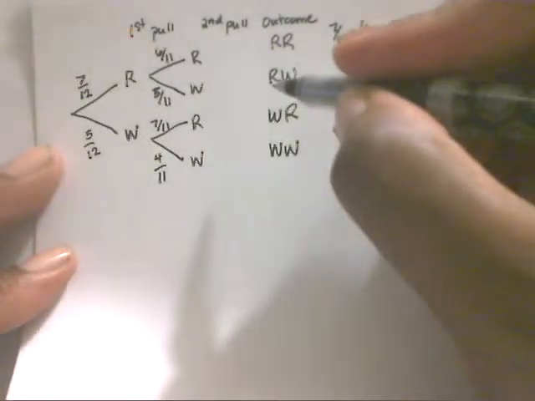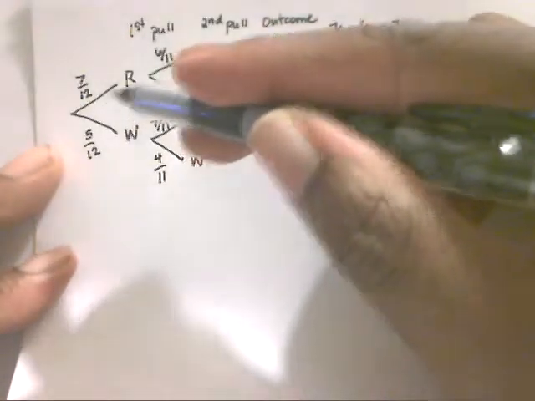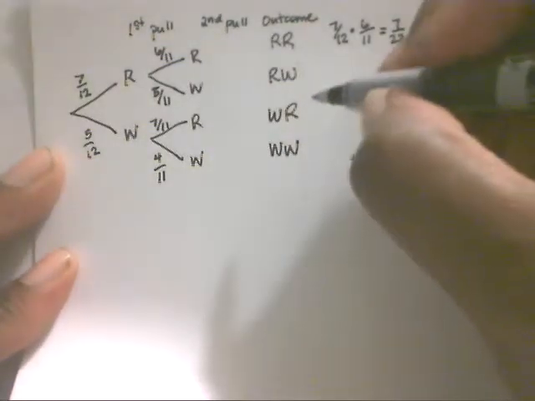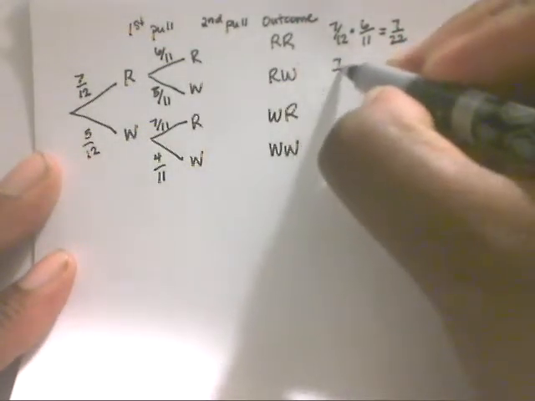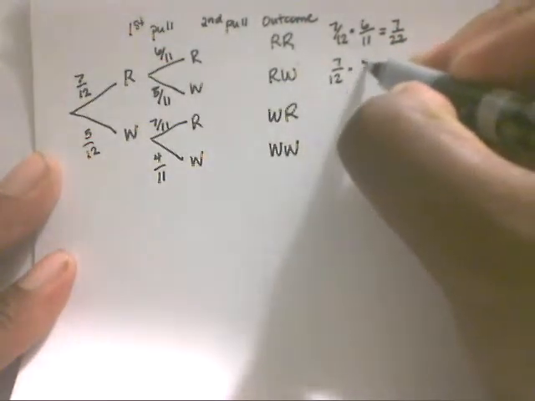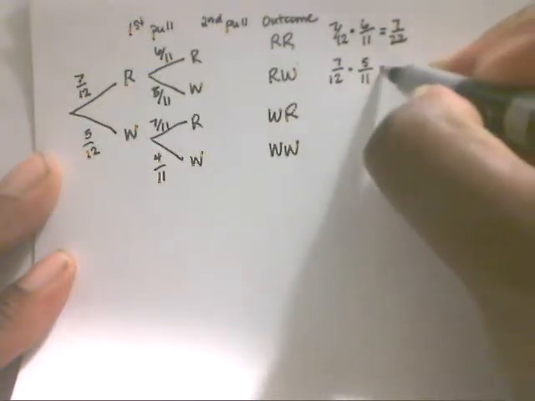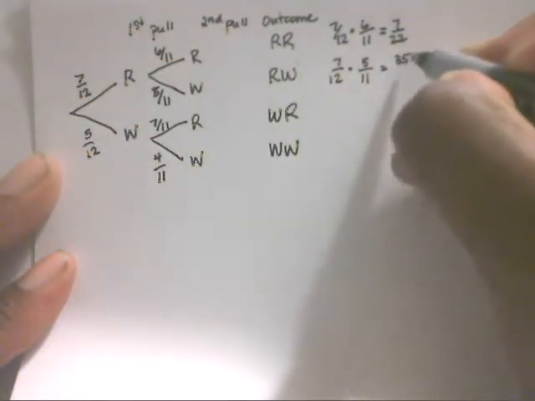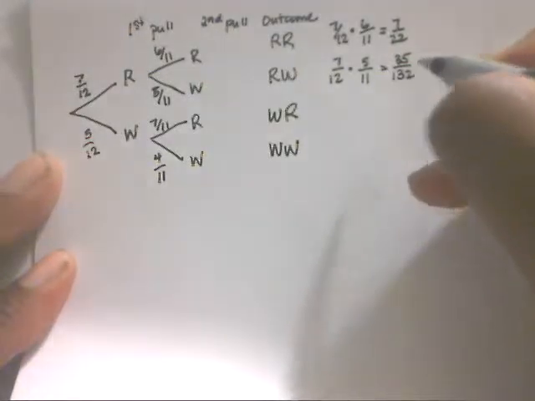The probability of a red and a white, that's 7/12 times 5/11. Multiply straight across, you're going to get 35 over 132.